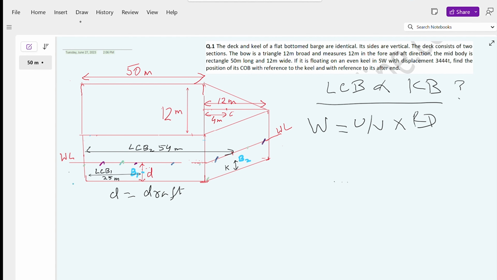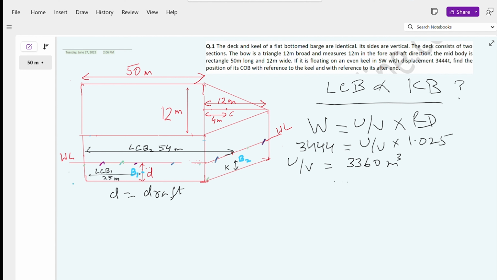So displacement given is 3,444 equal to underwater volume into 1.025, which is the RD of salt water, density of salt water in tons. So from here we get underwater volume 3,360 cubic meters. This is the underwater volume.